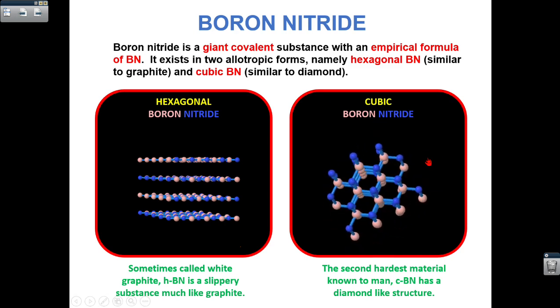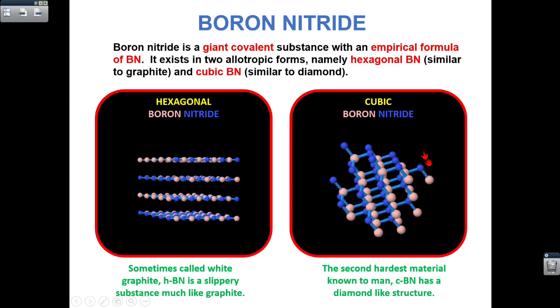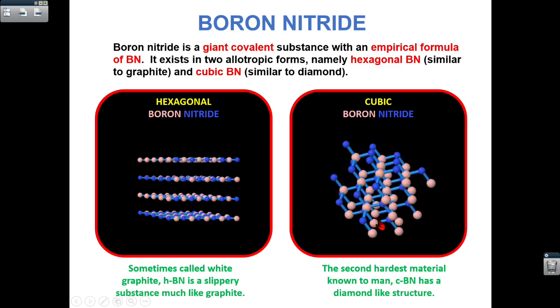So if we can pause that again, maybe we can find a point where that's a little bit more visible. Again, in the middle here, it's very difficult to see where the nitrogens are bonded to the borons. Either way, this is very much a diamond-like structure, and just like diamond, it's a very hard and tough material, second only in fact to diamond in its hardness.